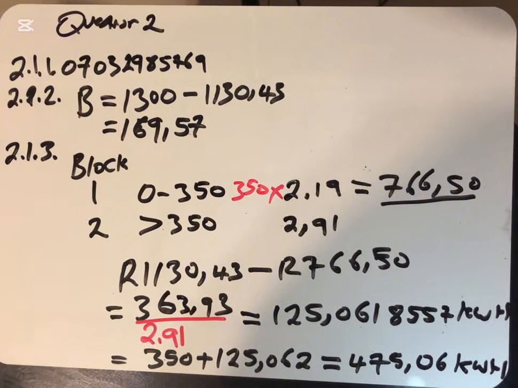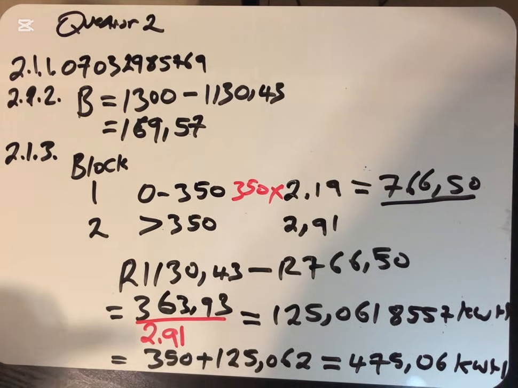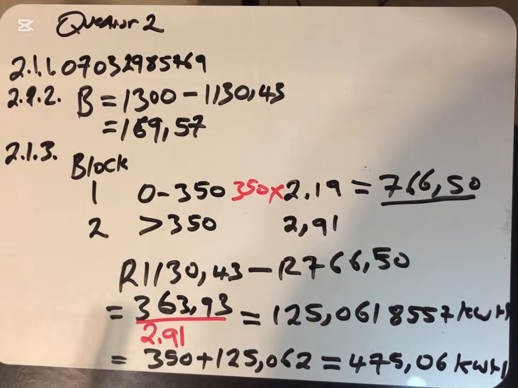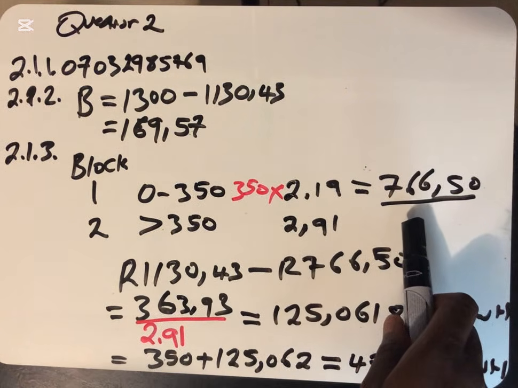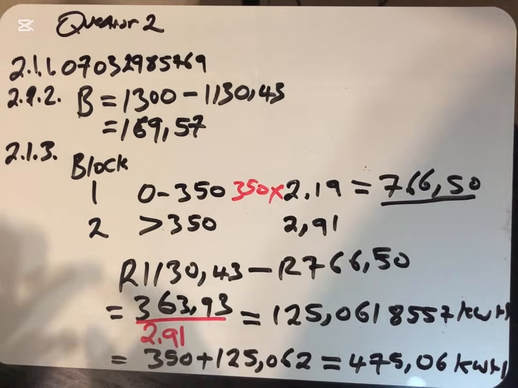So you just have to concentrate only on the amount used to buy electricity, which is 1,130. And the first block, they've occupied the entire block, which is 350. 350 multiplied by 2.19, we found that they've used 766.50 for block number 1 only.